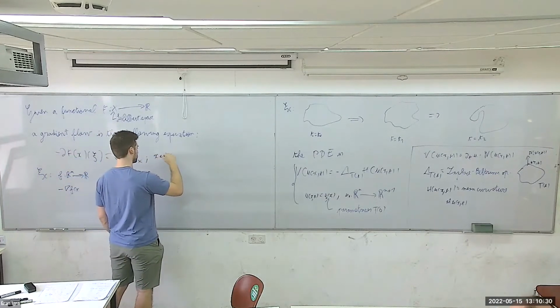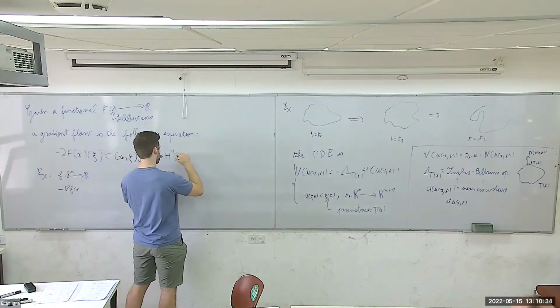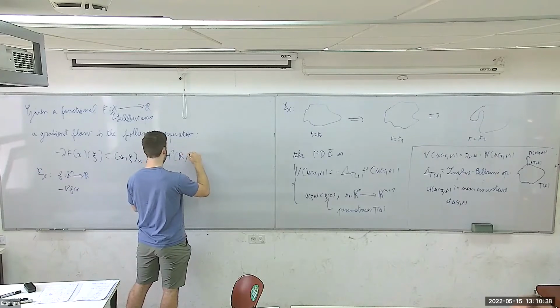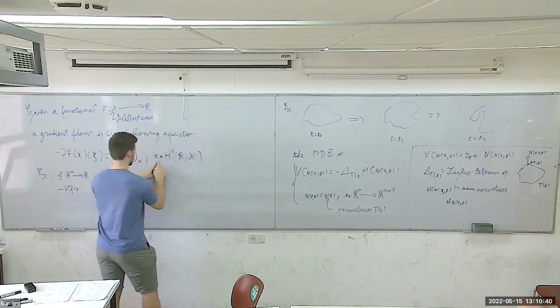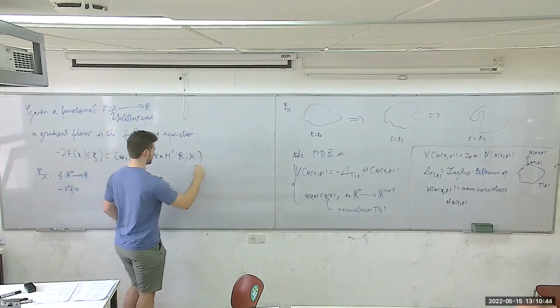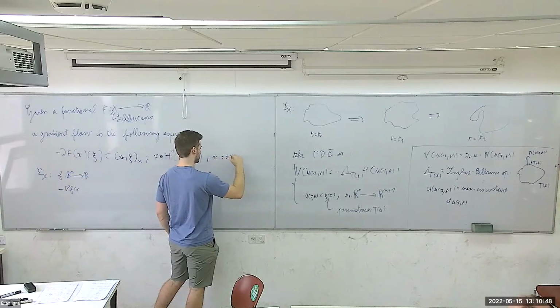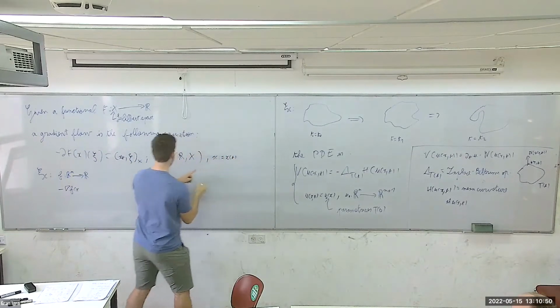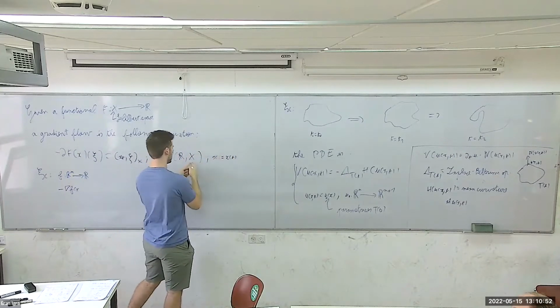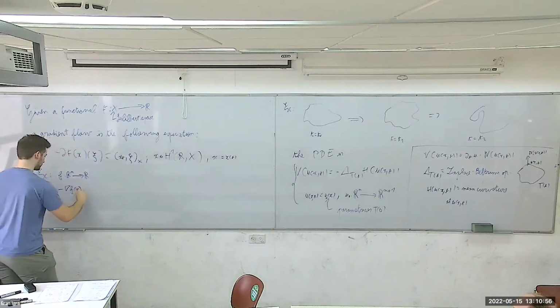X is in, say, H1 of R. So X is like H1, and this will be time. So you take the time derivative. The first variable, X, for example, you can think of it as a function of time, but at each point in time, it goes to the Hilbert space X, and you take the derivative in time.